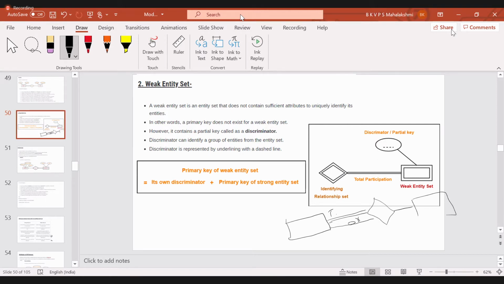But if it is a weak entity, then definitely it should depend upon something to get this entity's details.